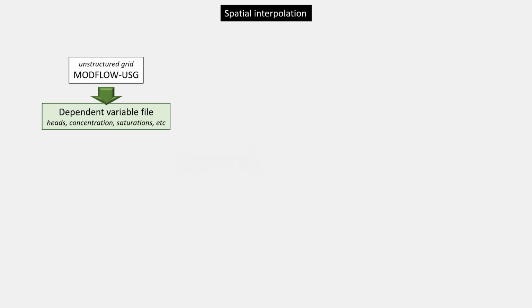Now let's suppose that we're using MODFLOW-USG and we're using an unstructured grid. MODFLOW-USG, like all members of the MODFLOW family, records its dependent variables, its system states, in a large binary file at various time steps and stress periods that we choose that we want output at. This file can be read by USG mod2obs, another member of the mod2obs family.